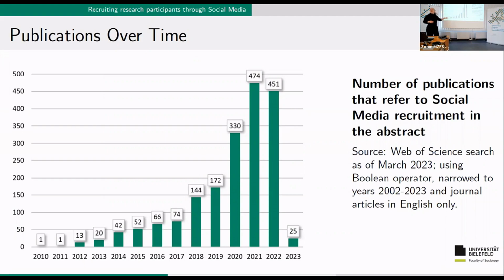We can see there's a large increase in the last year. So it's a really trending topic at the moment. Social media recruited, advertisement based or whatever recruited approaches are really popular and get published quite well, I would say, when we look at these figures.